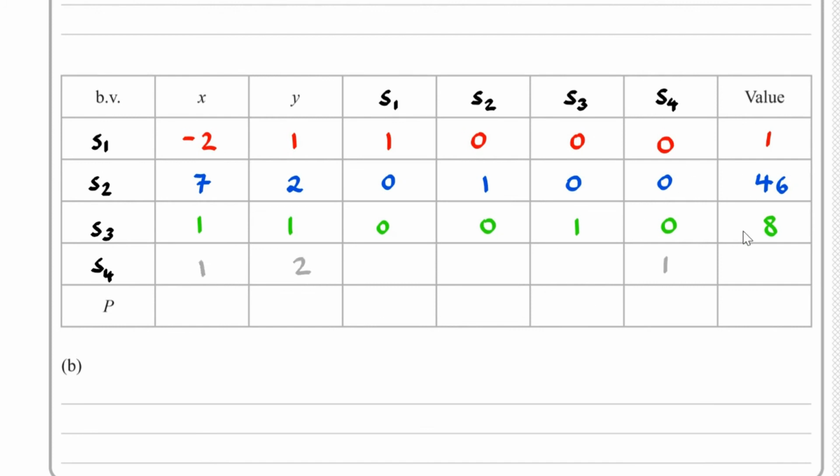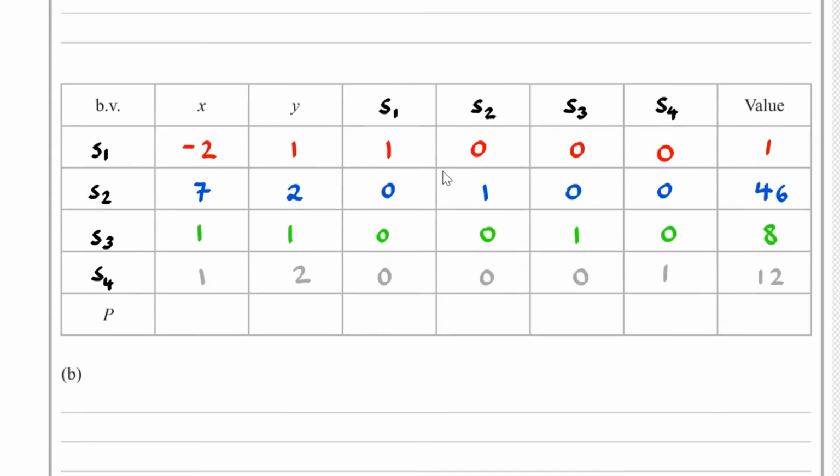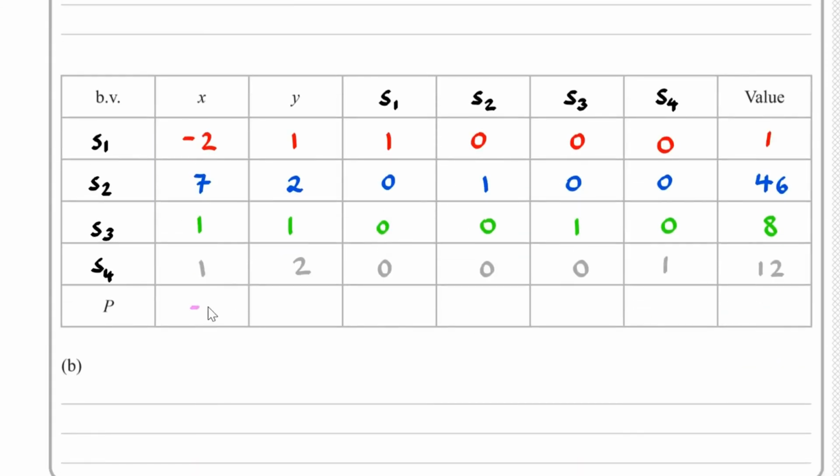And that's equal to 12. We've got 0, 0, and 0 here. And if I take a look at what P is, I've got P minus 1 minus K, and then I've got zeros elsewhere. So there is the completed initial tableau.